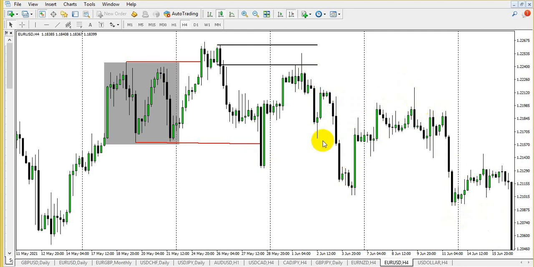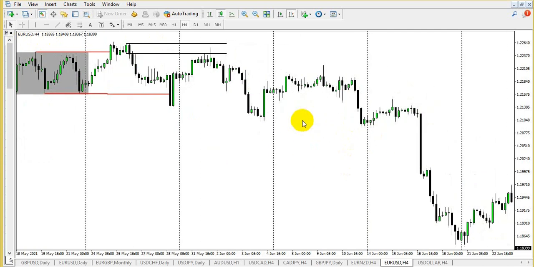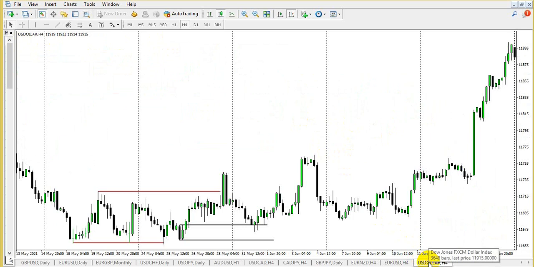Now, we used the Euro USD 4-hour time frame to explain and notate the bearish order block, and we are going to make use of the US dollar index to explain the bullish scenario.